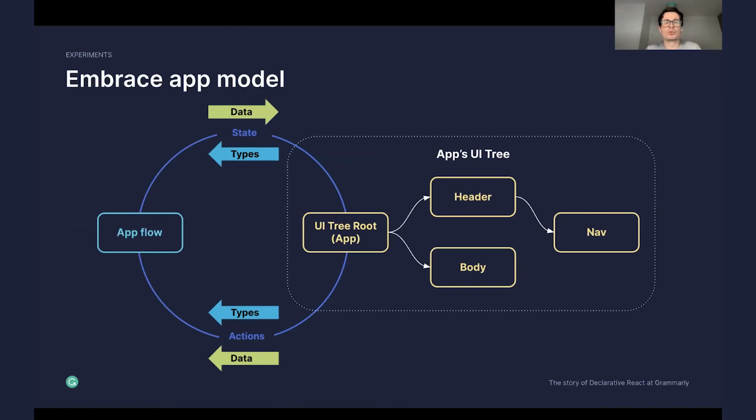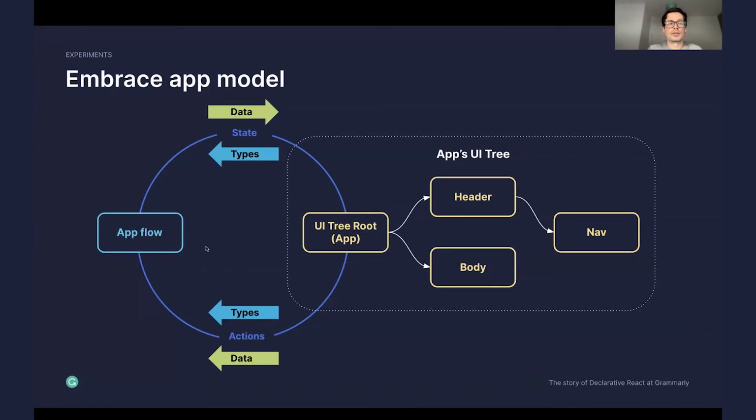So the app model looks like this. To the right, we have what we call the UI tree. It's when we have smaller UI parts that we compose together, and the result is one big UI tree that represents the entire UI of the application.